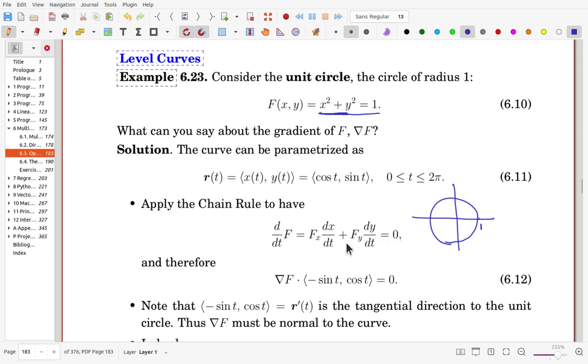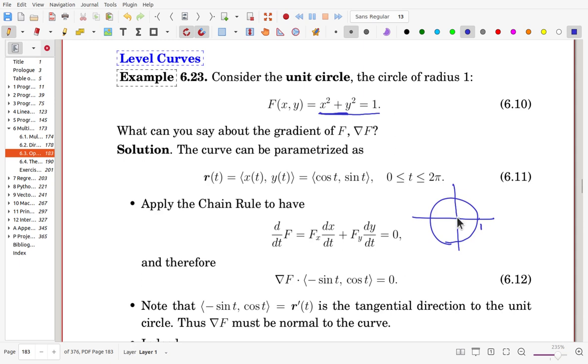Now we collect f sub x, f sub y to be the gradient of f, and the x t derivative is minus sine t, and the y t derivative is cosine t.